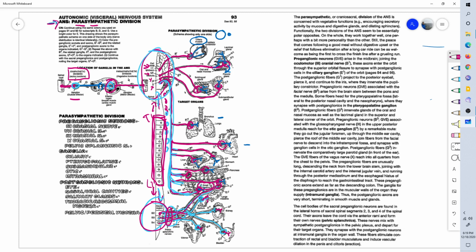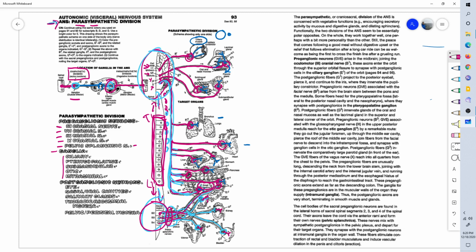And your terms over here. We reviewed the oculomotor nerve, the 7th cranial nerve, the 9th nerve, which is the glossopharyngeal, the 10th nerve, which is the vagus. Talked about the pelvic splanchnic nerve. We reviewed the fact that the ganglia are mostly inside the organs themselves, but there are a few ganglia that are perhaps not directly in the organ, but around the organ.